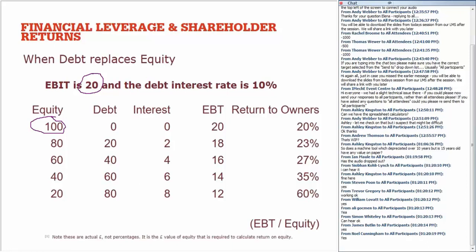Now, if we, as investors, only put in 20 but take out an 80,000 loan, we'll be paying 8 for the interest, which reduces the 20 down to 12. And now 12 divided by 20 gives a return of 60%.